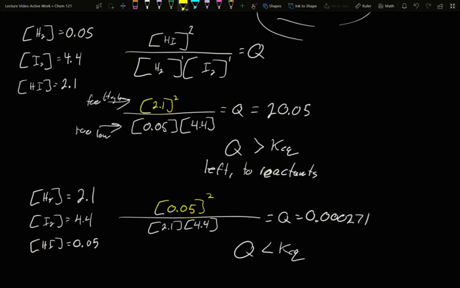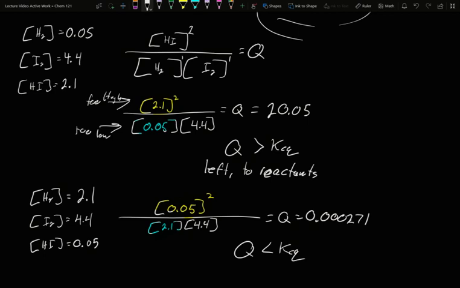By swapping those around, we've changed massively what our top value is. Additionally, we changed the bottom value by some as well, though that squaring definitely has a large effect as well. In this case, by having way less product and more of one of my starting materials, we found that our Q was too small. We got rid of too much on top.